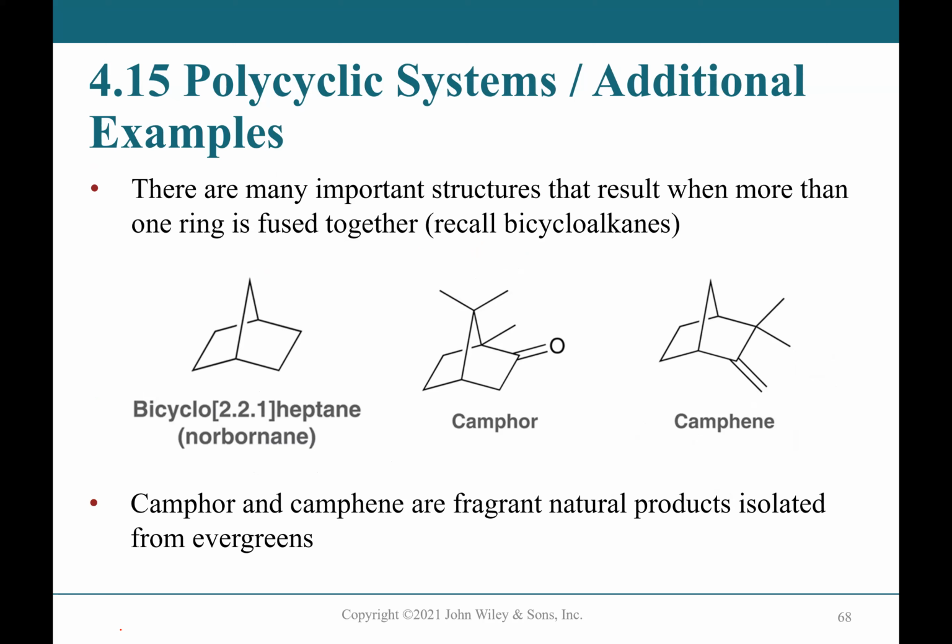Here we have a bridging carbon right here, right? So here we have 1, 2. Here we have 1, 2, and here we just have 1. So that's how you get your bicyclo 2,2,1 heptane.